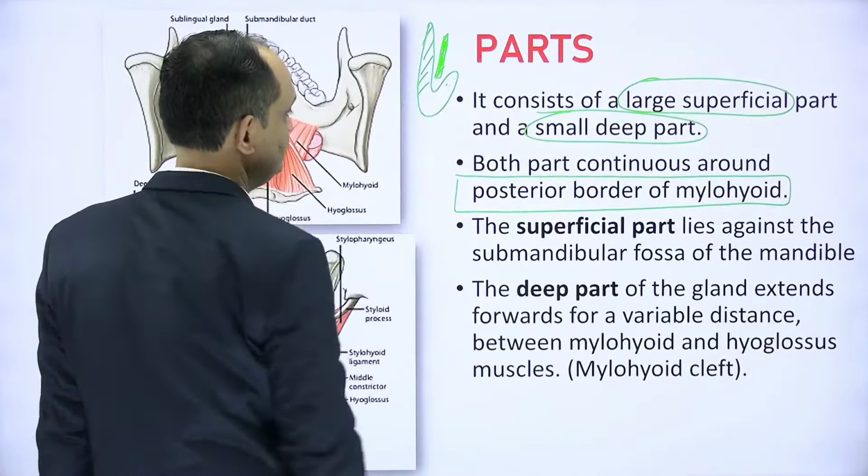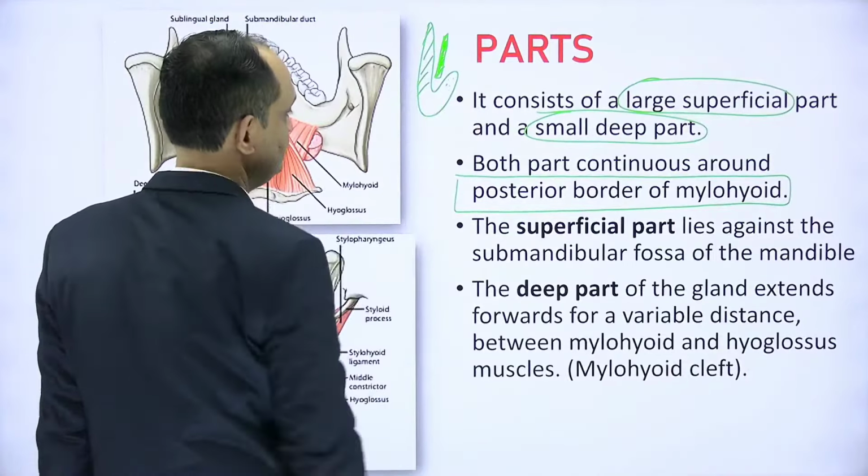The superficial part lies against the submandibular fossa of the mandible, while the deep part passes through the gap between the two muscles, mylohyoid and hyoglossus. In this submandibular region, the outermost muscle is mylohyoid.